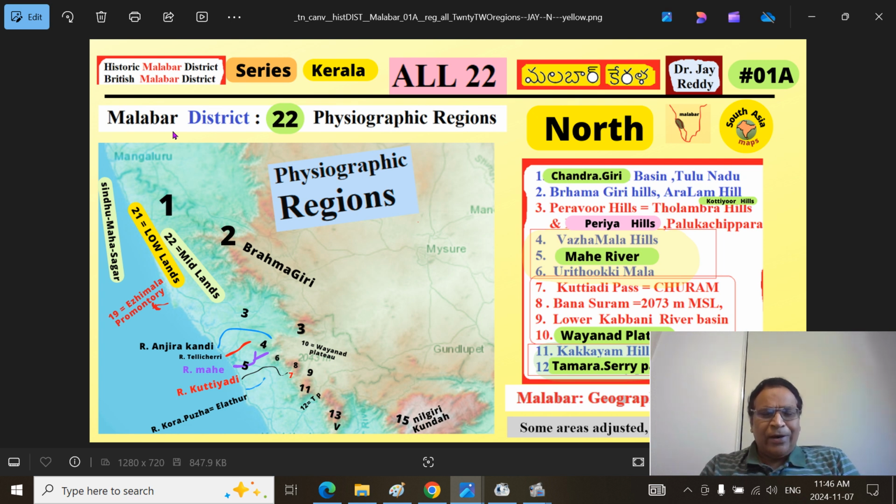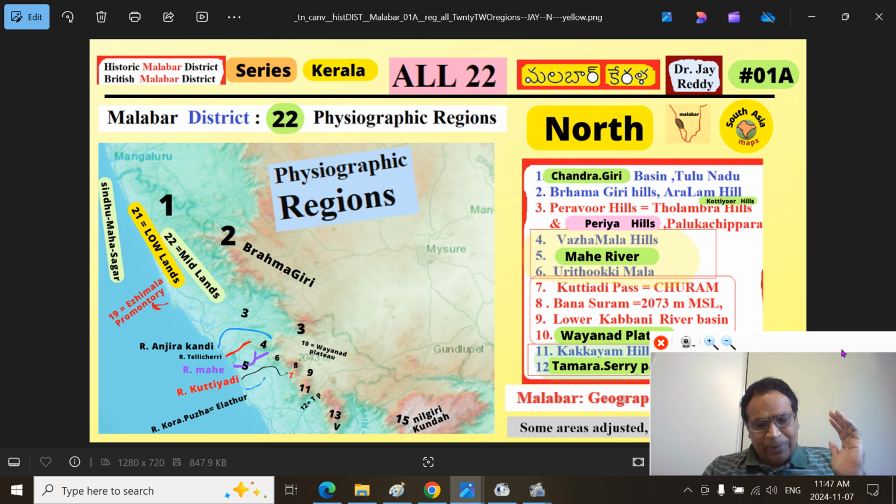This is in the southern part of Bharat, Dakshina, in the Kerala province, the northern part of Kerala called the Malabar region, the historic Malabar district, or the Samutri region, or Jamorin Rajas region. After this presentation, you will get a great clarity of this region.